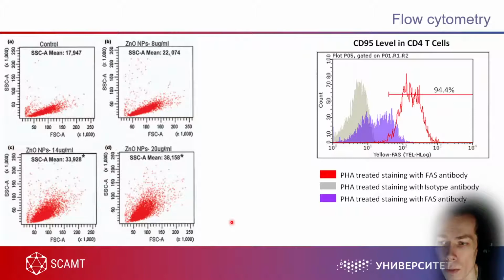So a flow cytometer can separate cells using different parameters. For sure, you can stain your cells with different dyes. We will discuss in the next slides what you can use for this. But even without any staining, you can distinguish your cells by 2 parameters. It's forward scattering and side scattering.